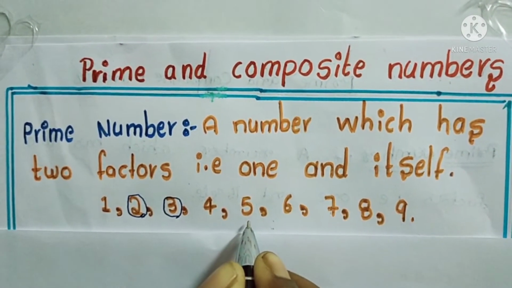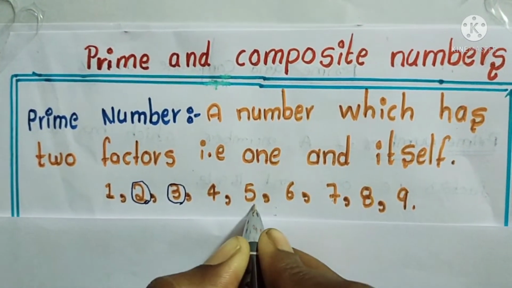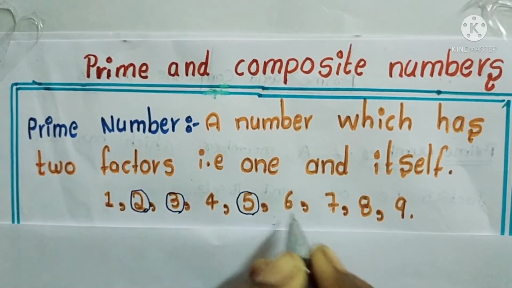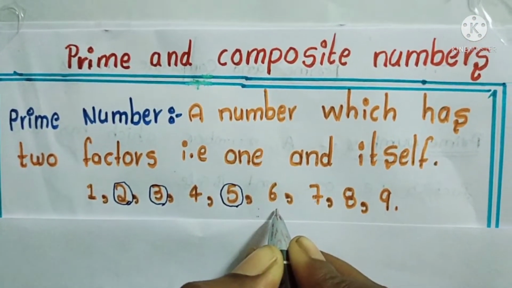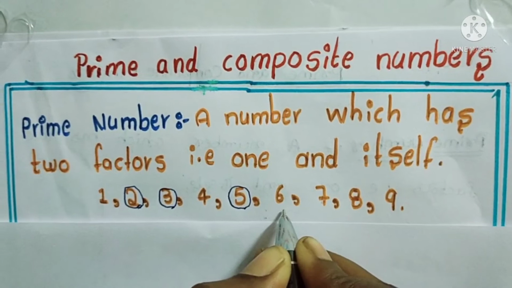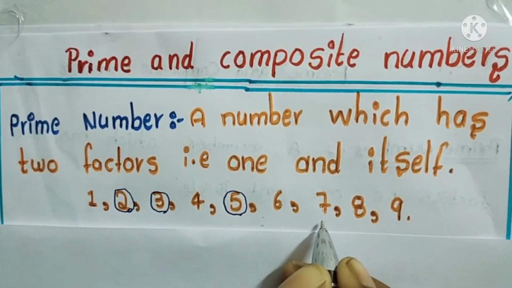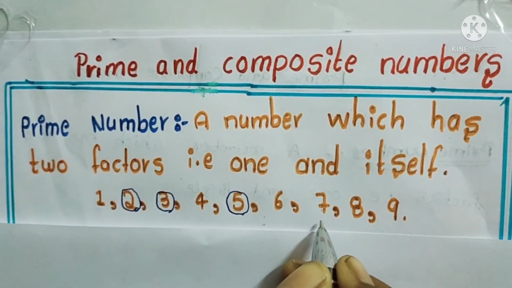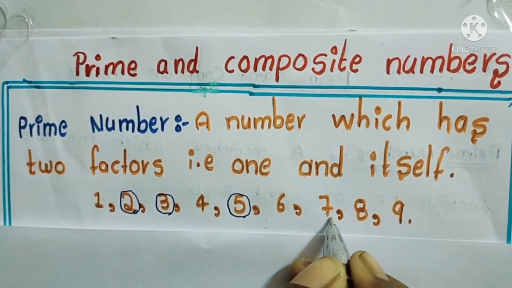It has two factors, 1 and itself. 6 has more than two factors, so it is not a prime number. 7 has two factors, 1 and itself, so it is a prime number.